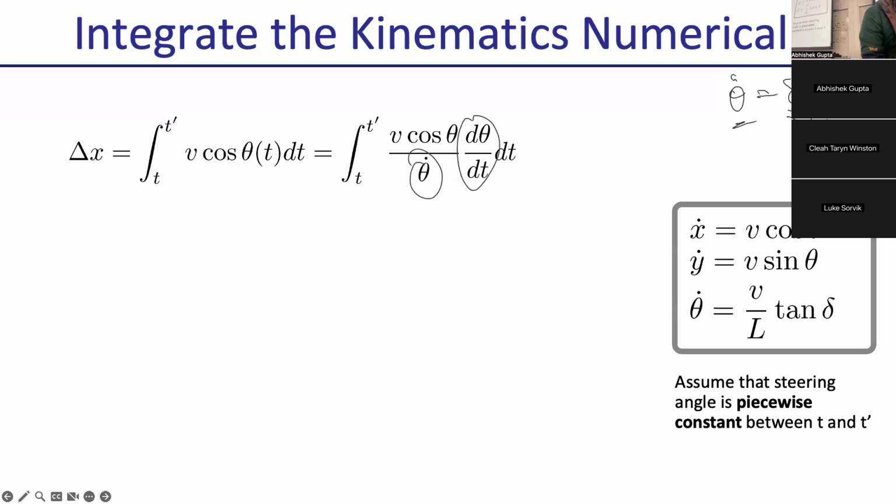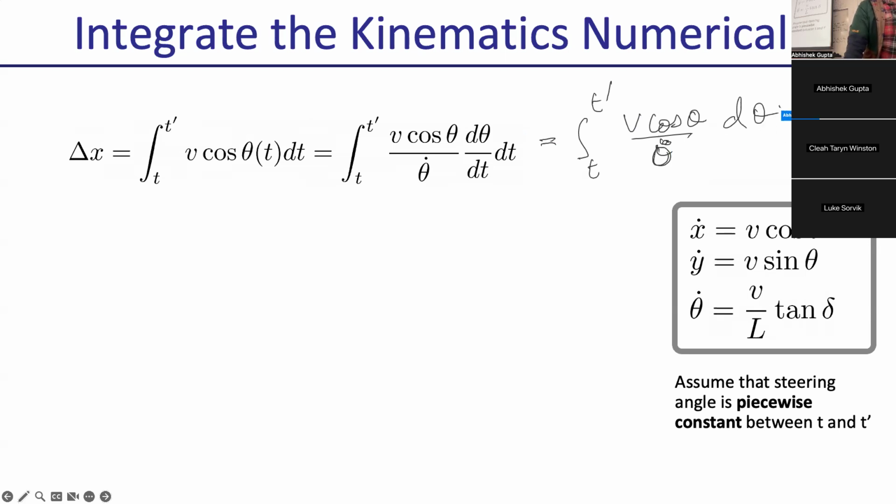Then we cancel out dt, and you can write your expression as v cosine theta divided by theta dot d theta.